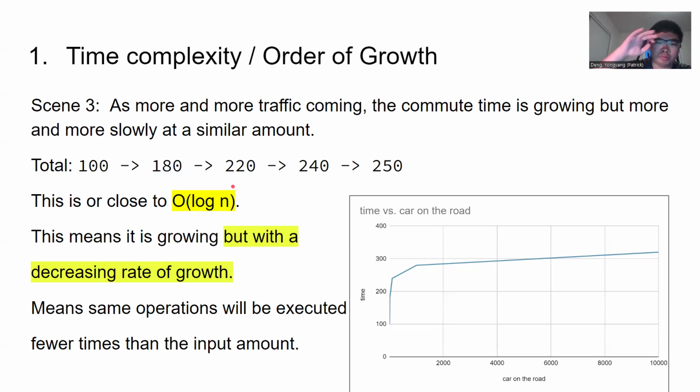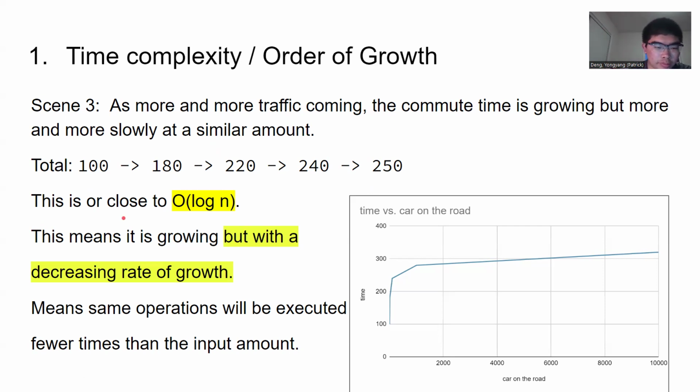From 100 to 180 the difference is 80. From 180 to 220, the difference is 40, then 20, then 10. It is increasing, but at a slower and slower rate of growth.